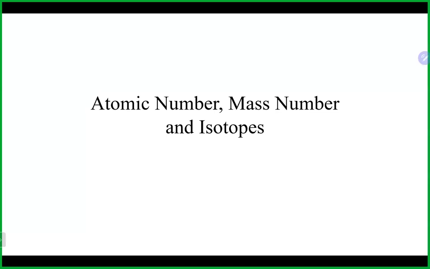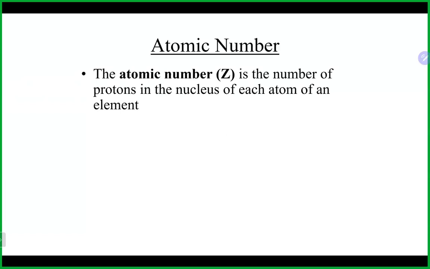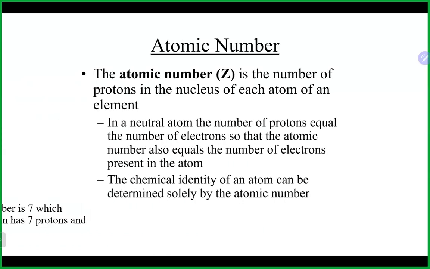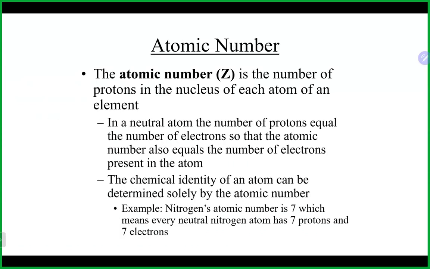So let's talk about some other properties of atoms: the atomic number, mass number, and isotopes. The atomic number, which is sometimes abbreviated with a Z, is defined as the number of protons there are in an atom of an element. Now, that is the actual definition.